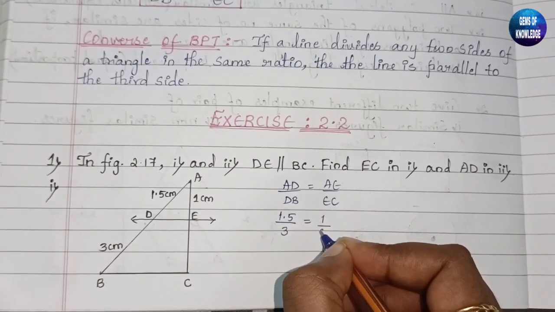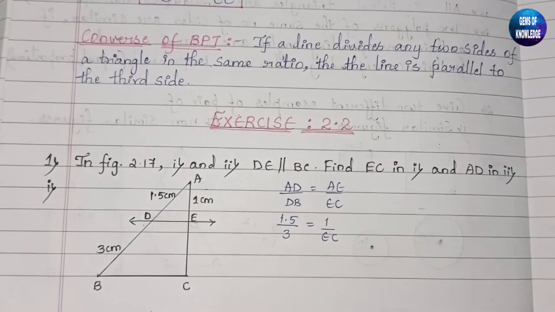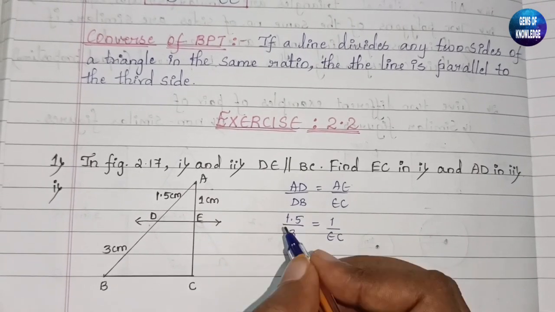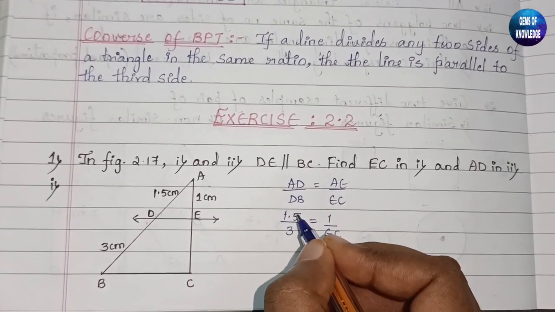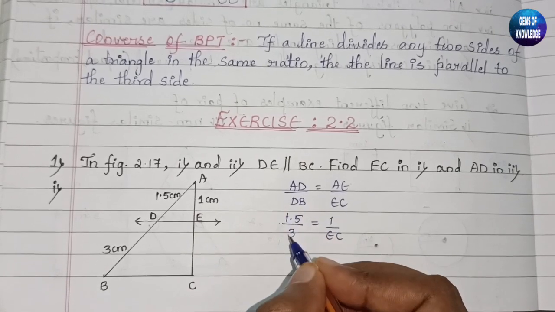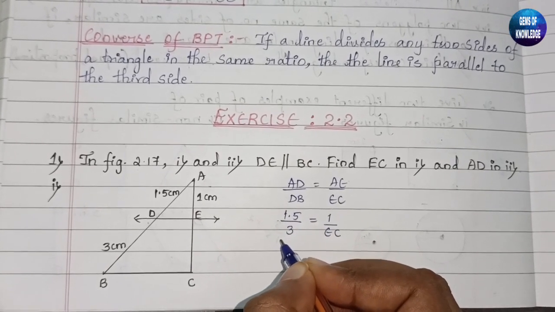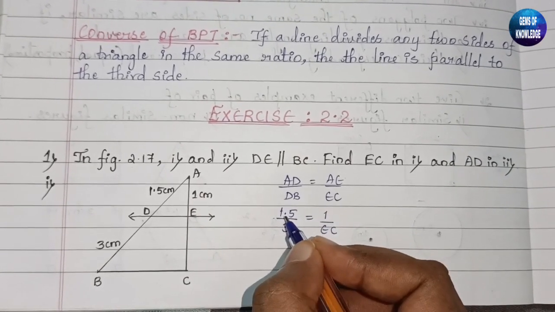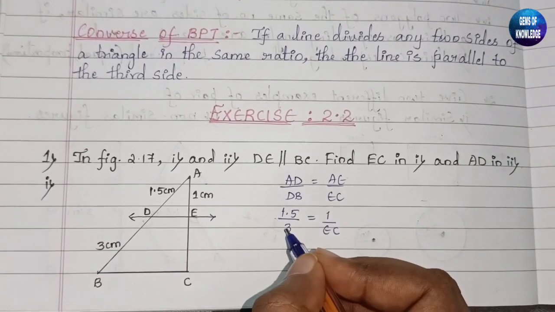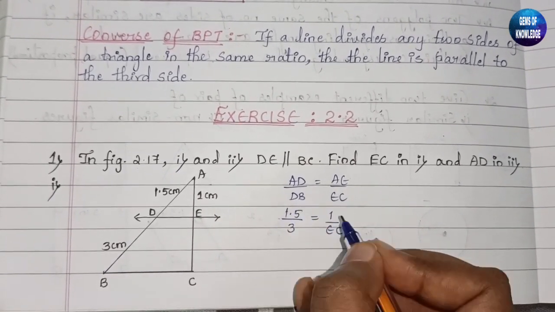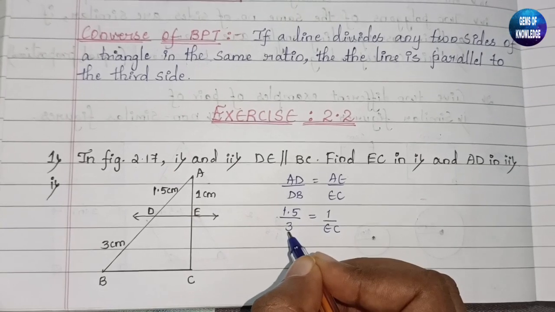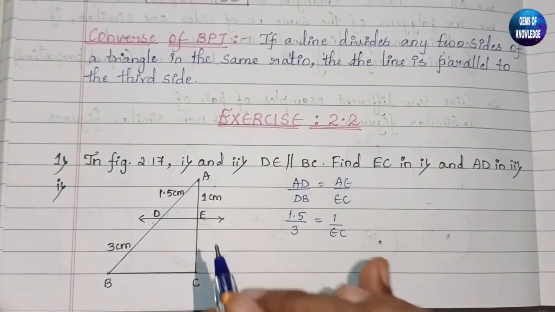We don't know EC, so we will keep it as it is. If we see it like this, we can do it directly. 1.5 ones are 1.5, twos are 3, because if we add 1.5 to 1.5 we get 3. So this is 1, this is 1. What will be our EC? EC will be 2.